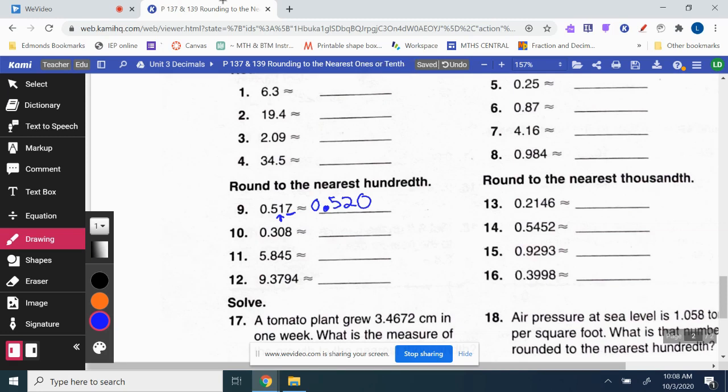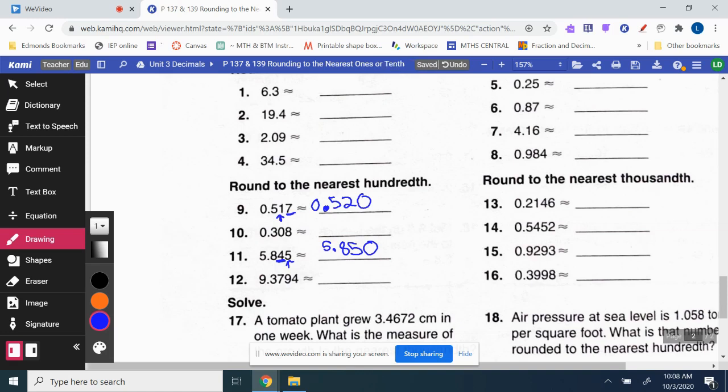Let's do number 11 together. Again, I'm rounding to the nearest hundredth, so I have to look at that 5. So 5.8 stays the same. I'm not changing that. But because that 5 is more, it's 5 through 9, I'm going to round the 4 up to a 5. And I could add the 0.